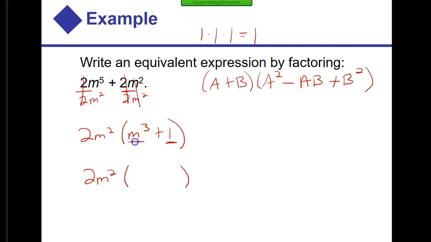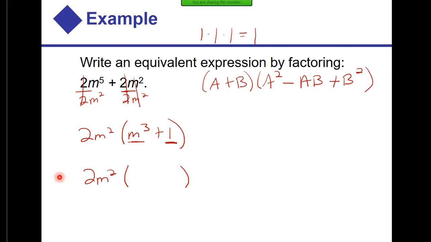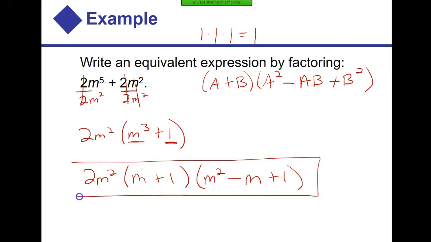My a will be m, my b will be 1, so m plus 1, then I square it. M times m is m squared. Multiply them together. 1 times anything is itself. And then square it. 1 times 1 is still 1. And that is totally factored.